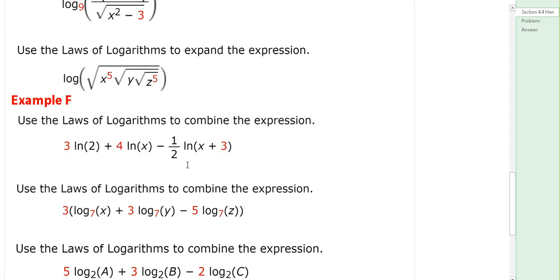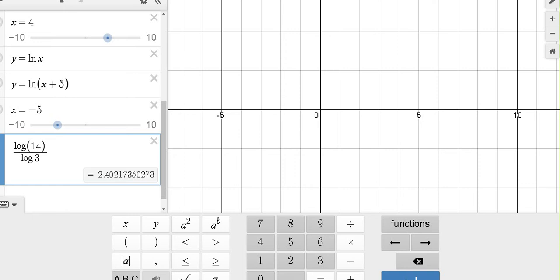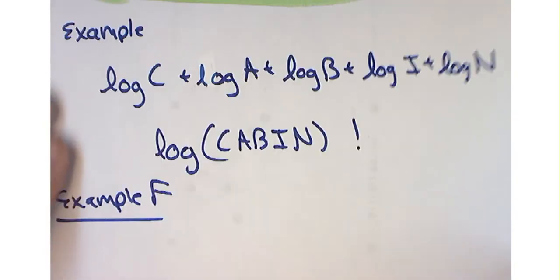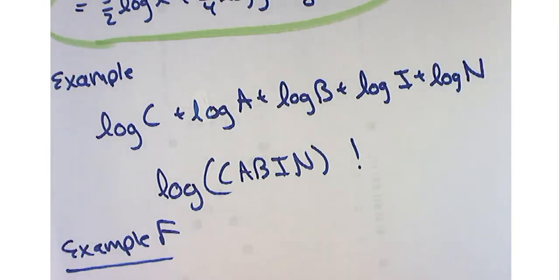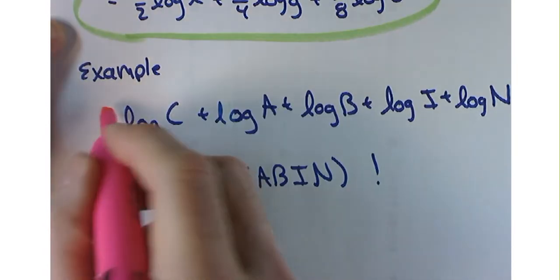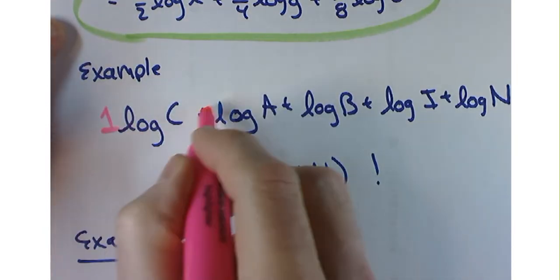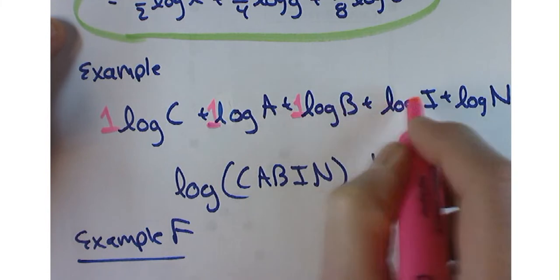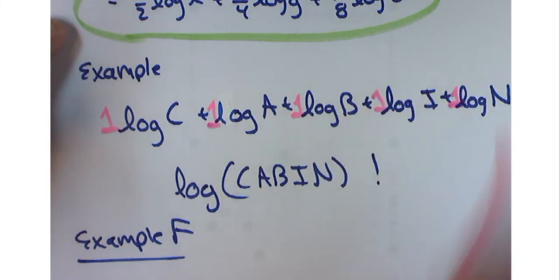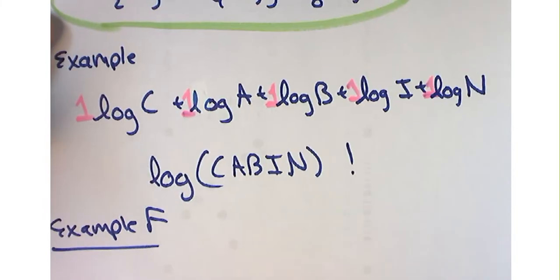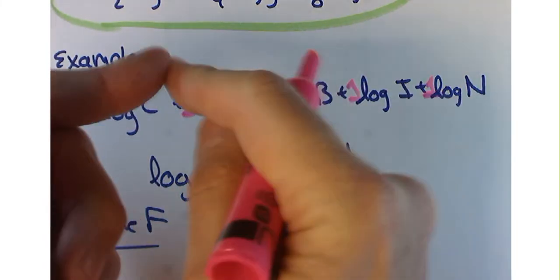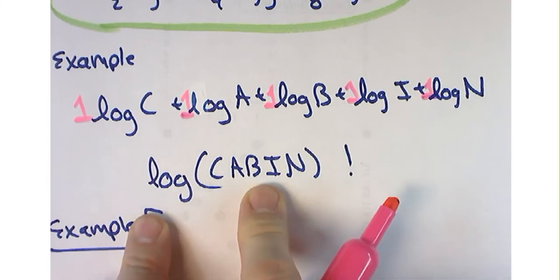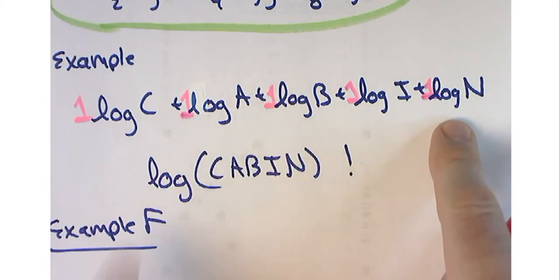Now, the one thing I want to point out about the one we just did is that all the coefficients here were 1. I had a 1 here, a 1 here, a 1 here, a 1 here, a 1 here. That's crucial. In order to bring these together as the log of the product, all these coefficients have to be 1.